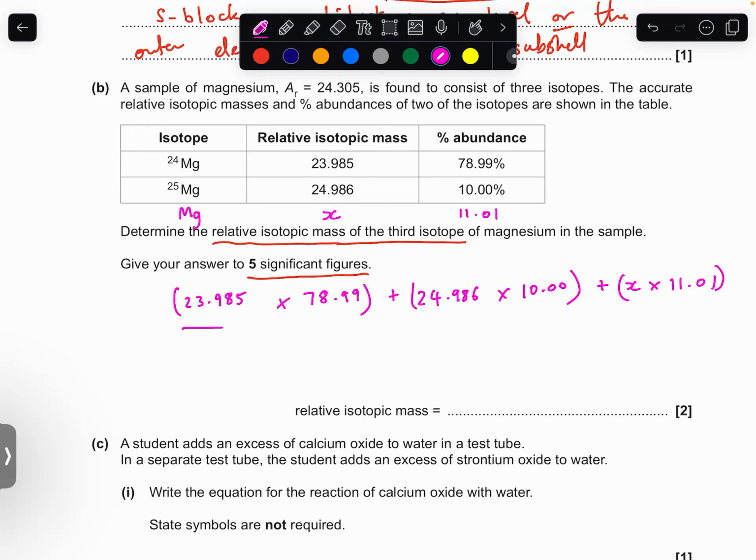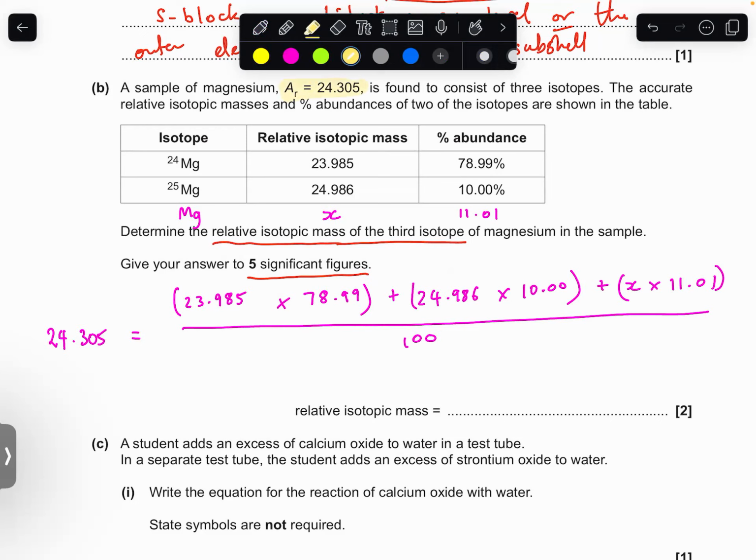We get all those answers, we divide it by 100, and that equals, to the other side, 24.305. We got that from the question here. So all we do is rearrange and work these out.